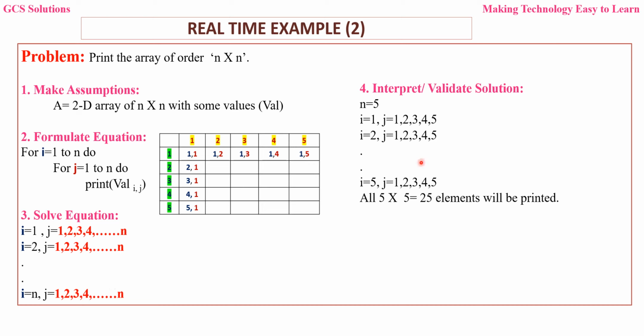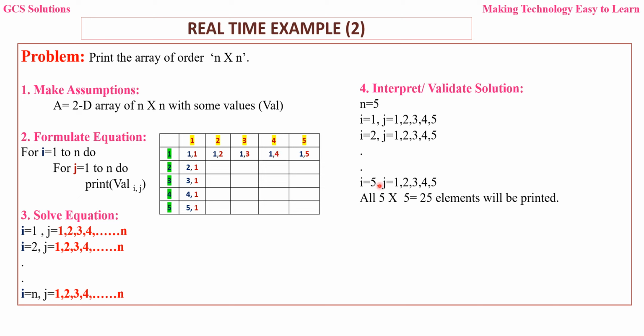Now I interpret it. If I take n as a specific value 5, then I have i varying from 1 to 5, and for each iteration of i I have a j value varying from 1 to 5. That means for each row it prints all 5 column values.